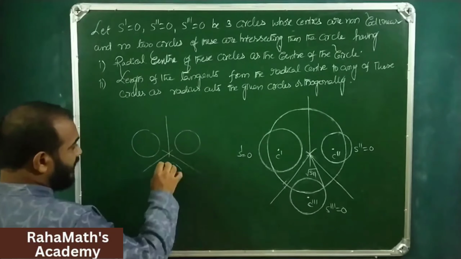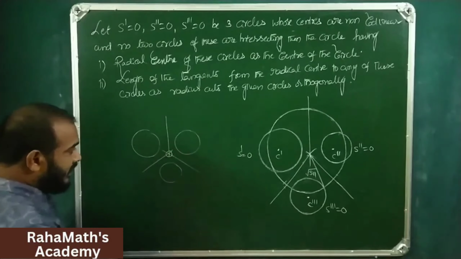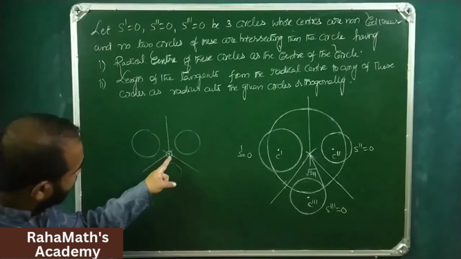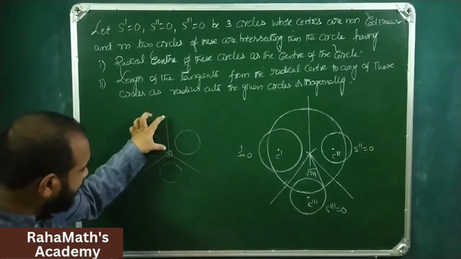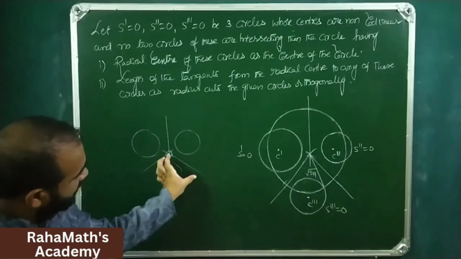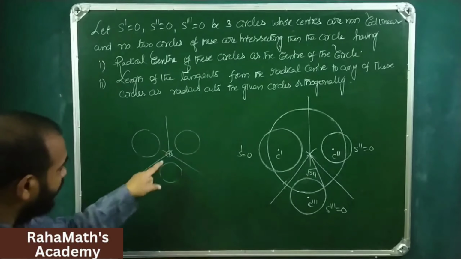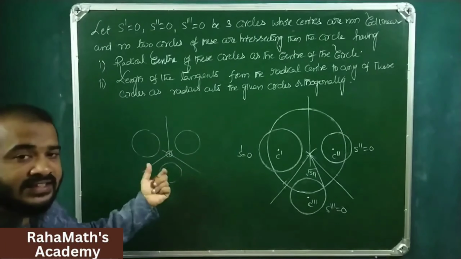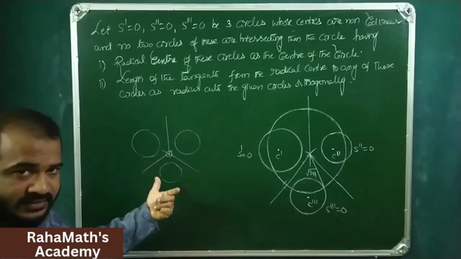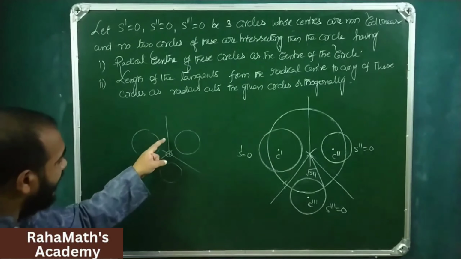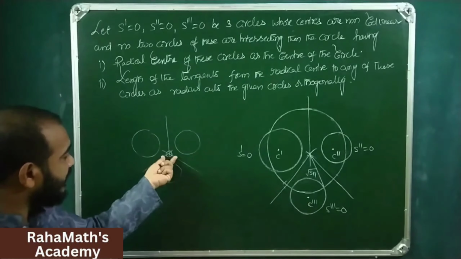So here, this is the point formed by these three radical axes. Therefore, this point is said to be the radical center. The point of concurrence of the radical axes is nothing but the radical center.